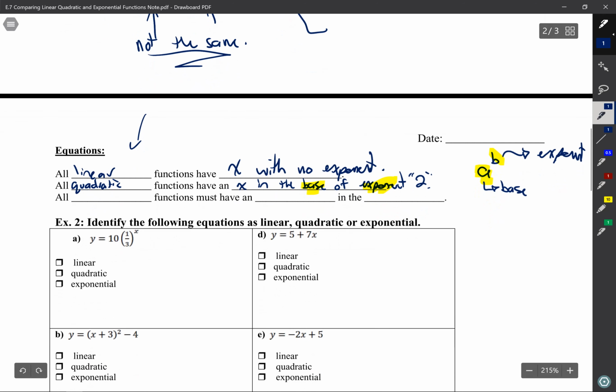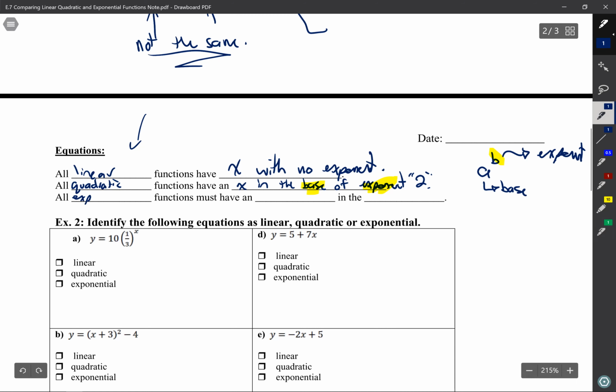So every single quadratic equation you'll see will have an exponent of 2, and somewhere within the base, somewhere within here, you're going to see the letter x, the variable x.